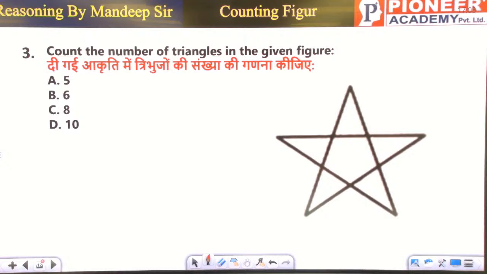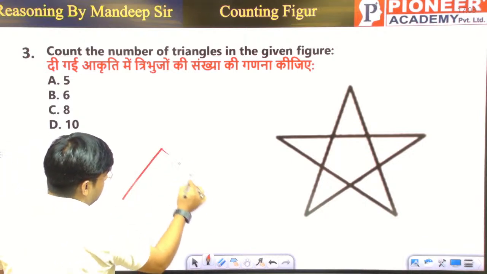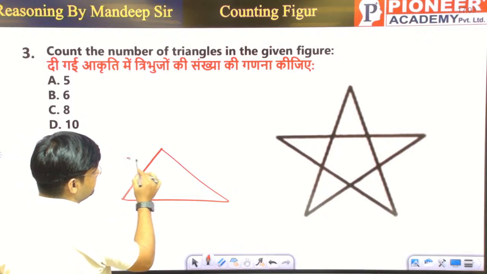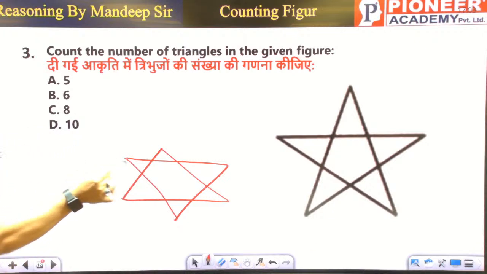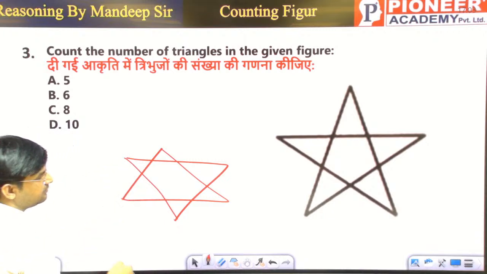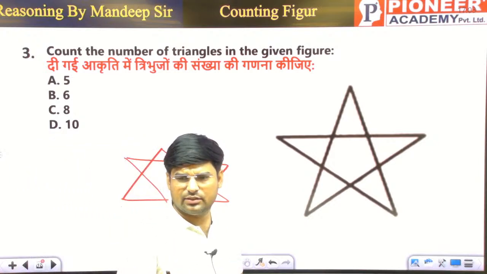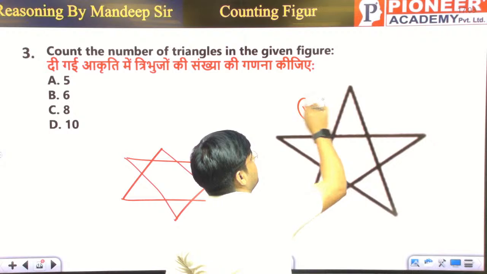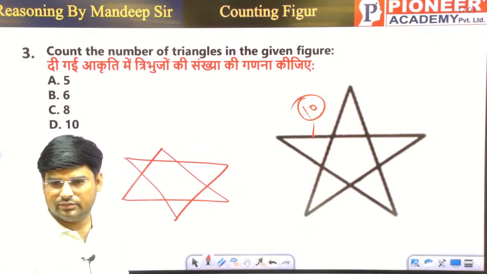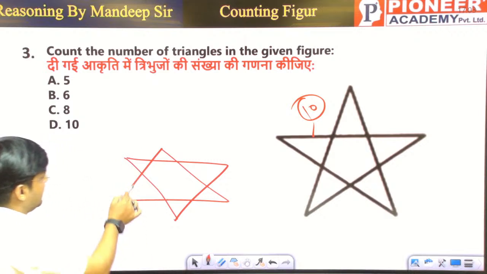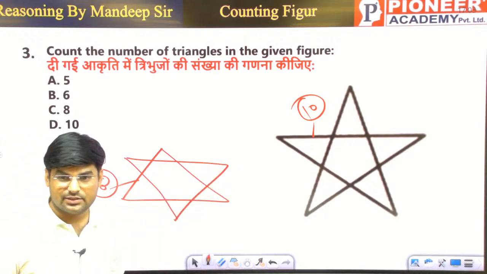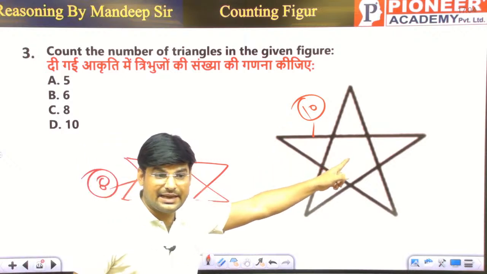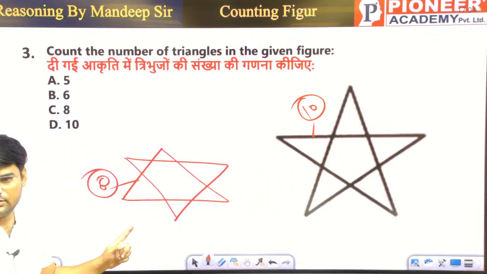There are two types of figure in which students are always confused. First one, this, and in this figure there are always 10 triangles. Always. No need of counting. And there are 8 triangles. Don't confuse this figure. There are 10 triangles and there are 8 triangles. Clear?